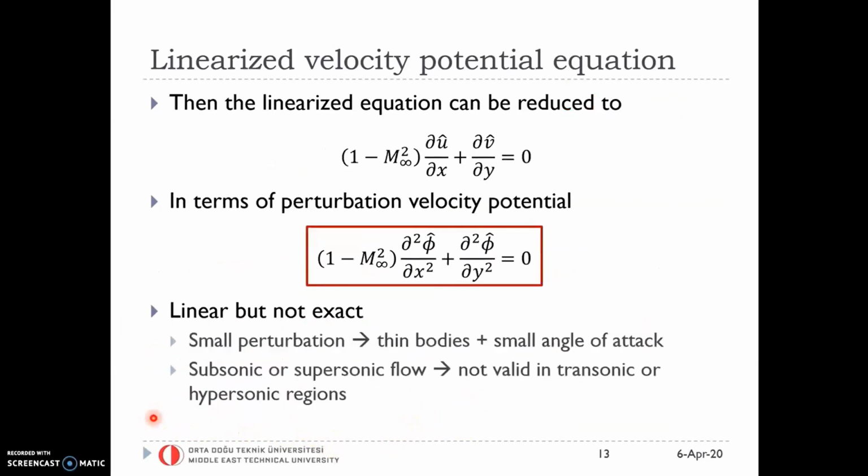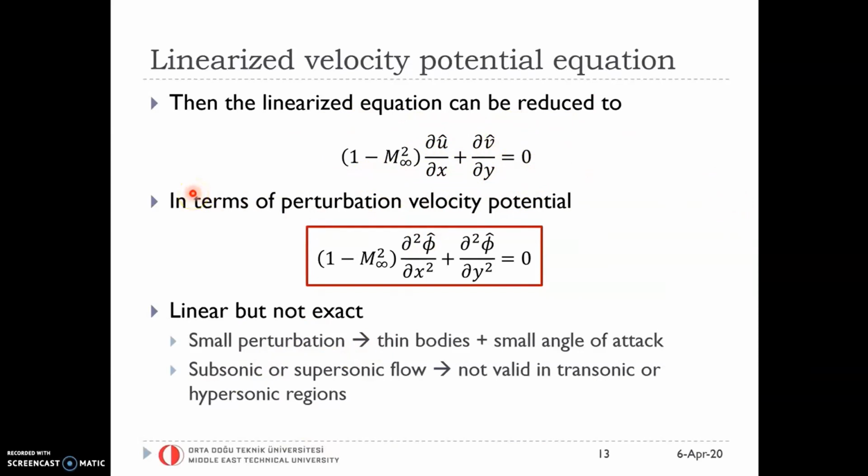So if you do all these simplifications, then the equation becomes this: 1 minus Mach infinity squared times du hat over dx plus dv hat over dy equals 0, because we only end up with the left hand side terms, and all the right hand side terms can be neglected.